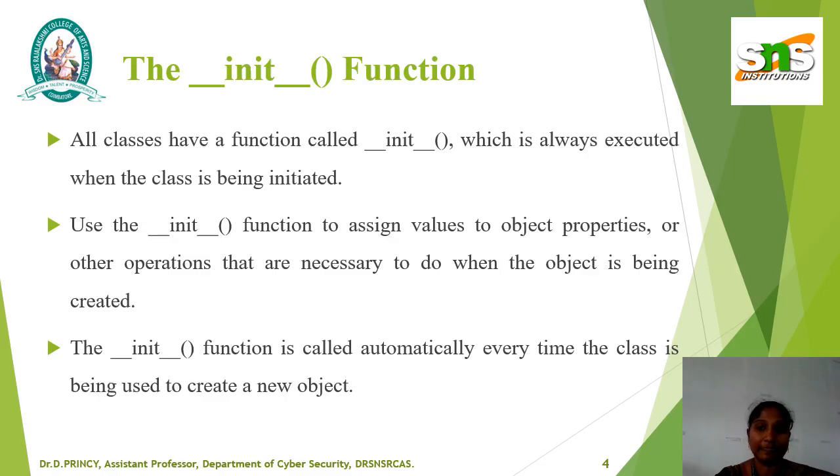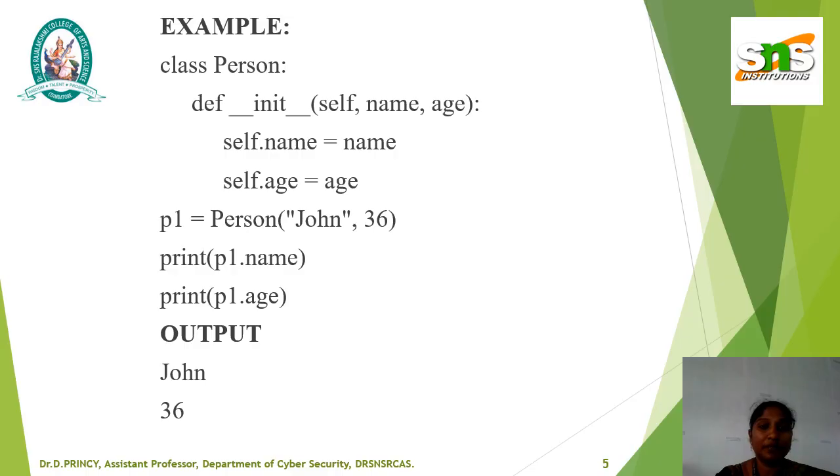For example, I'm creating a class named Person. It has a method. def is the keyword used to define a method: __init__, with three parameters: self, name, age. When I create an object, I have to pass two parameters. self.name = name, which we received, and self.age = age.